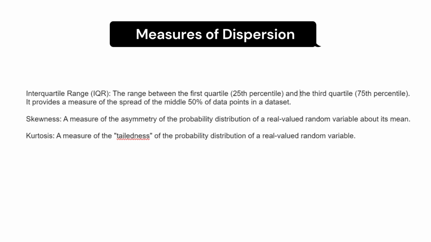And then we have skewness, the measure of the symmetry of the probability distribution of a real valued random variable. And then kurtosis, a measure of the tailedness of the probability distribution of a real valued random variable. I know you're not getting it, but I will talk about it more in detail in future videos.